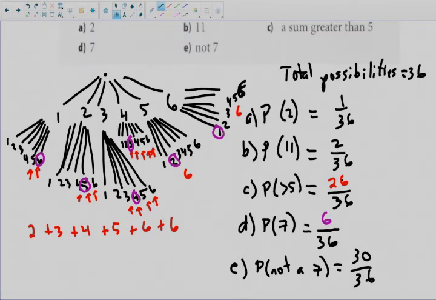So the most likely roll is a 7, but it's still not as likely as not rolling a 7. So hopefully that was clear enough. Again, any questions, please email me to let me know.